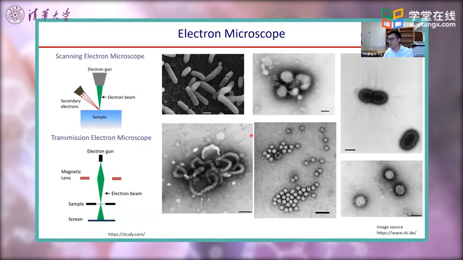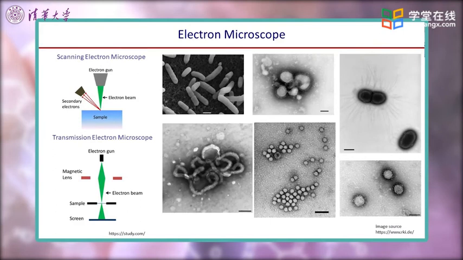And there are two modes of electron microscopes that are commonly used to visualize viruses. The first one is called the scanning electron microscope. It works in the way that we normally see things: we have light shining on it, reflected back to our eyes. Here, in a very similar principle, electrons form the beam and shine onto the sample, and the reflected electrons get collected by electron detectors to image the features of these biological samples.